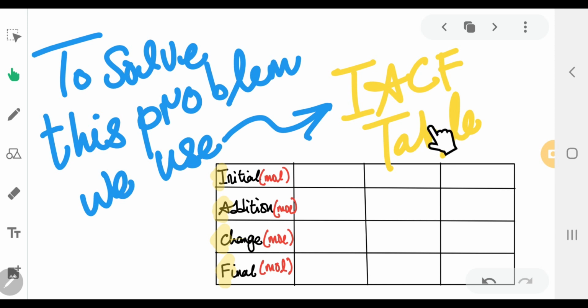The ICE table is for us to find the information about something at equilibrium, but this one, we're going to use this to find the final mole after you have added the strong acids into the buffer or strong base into the buffer solution. Remember, for buffer solution, if you want to find out what is the pH after the addition of strong acids or strong base, we're going to use the IACF table.